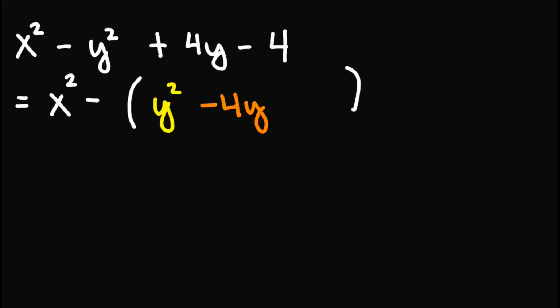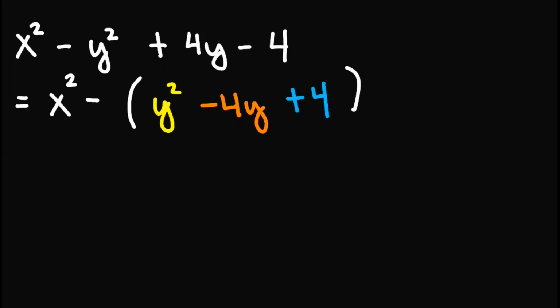And the third term, negative 4, should become positive 4, since negative times positive out here would result to negative. So this is the new form of our polynomial.